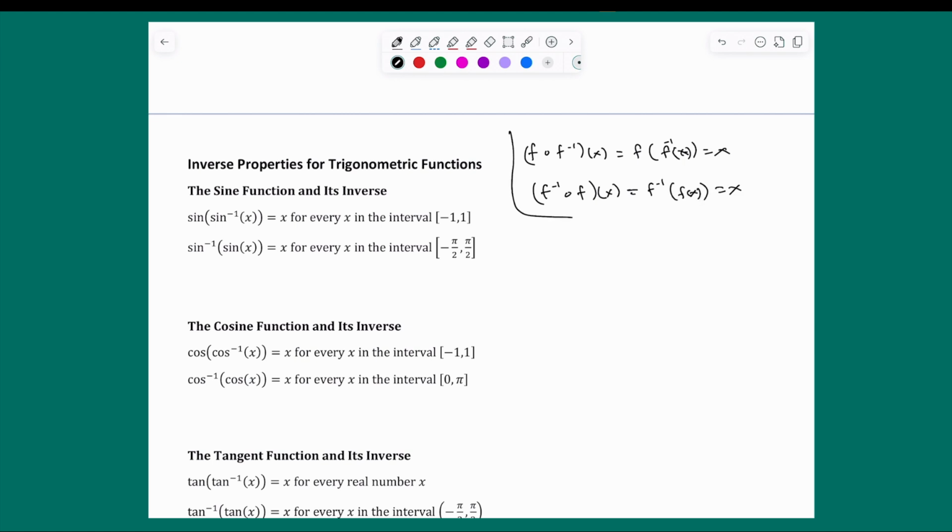So this is just the inverse properties. When two functions are inverses and you take the composition, you always get back what you input, right? Whatever one function does, the other function just undoes it.